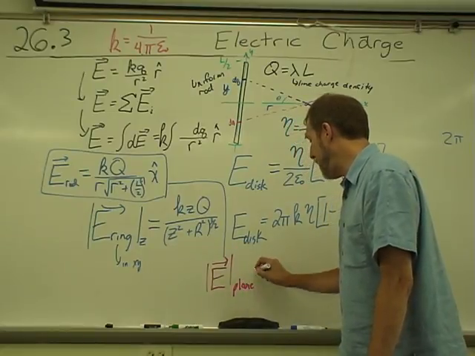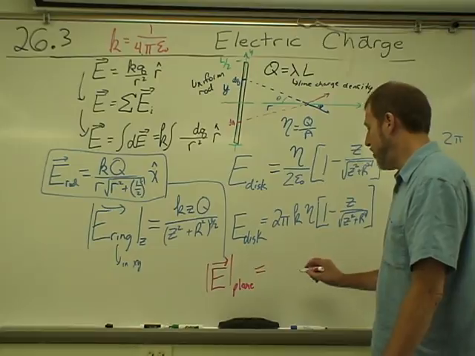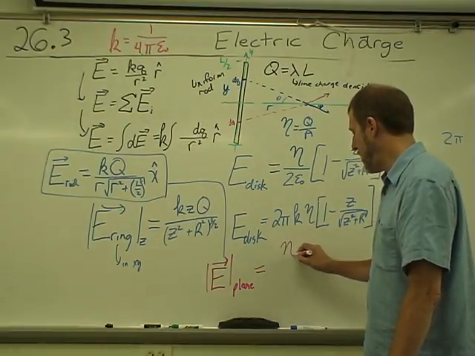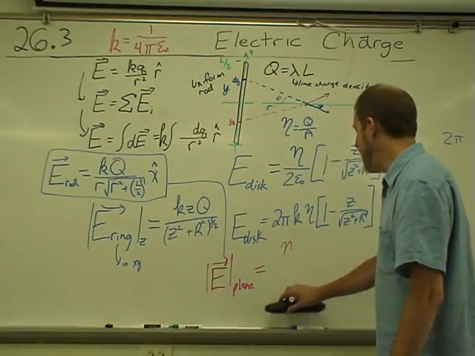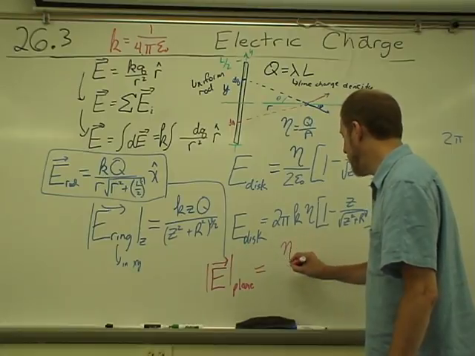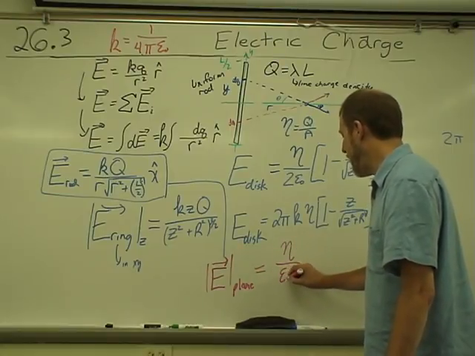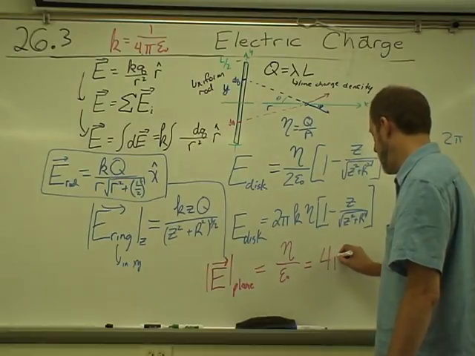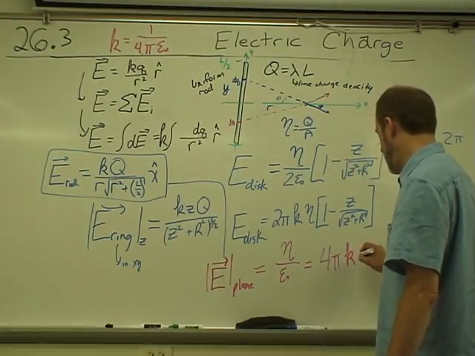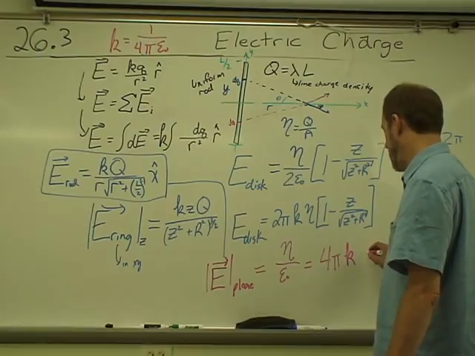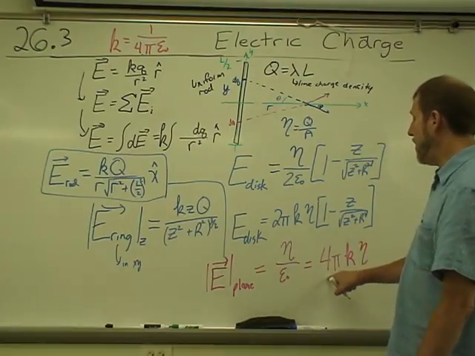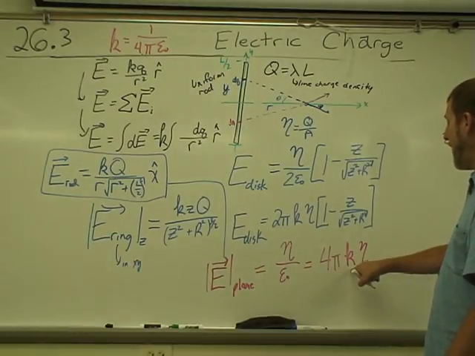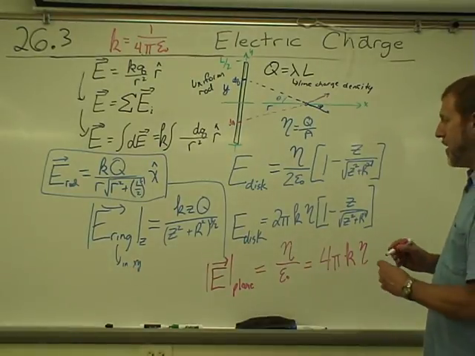The electric field of that plane will be equal to, whoops, this is an eta, that surface charge density, divided by epsilon naught, which I can write in terms of k by writing 4 pi k times eta.